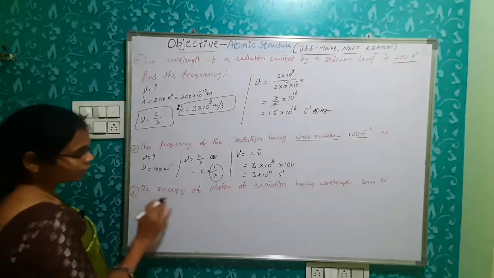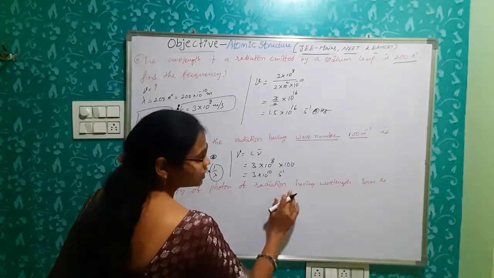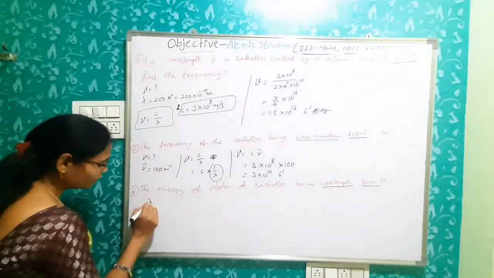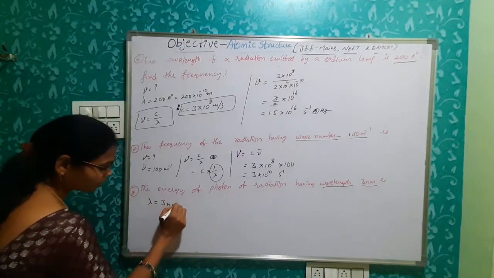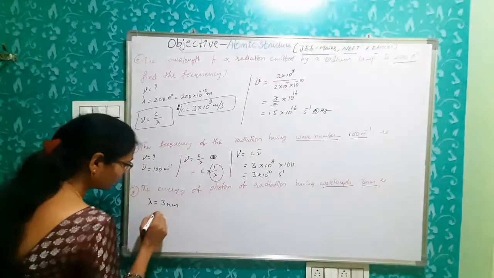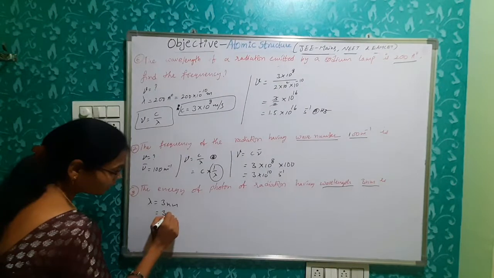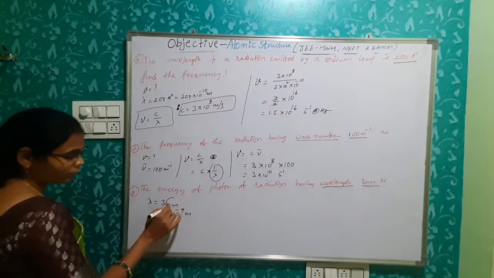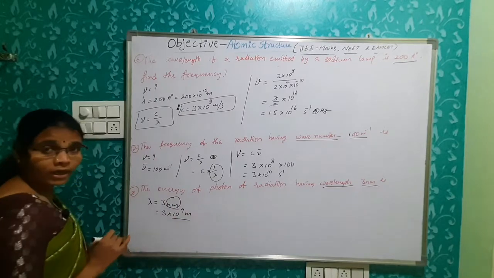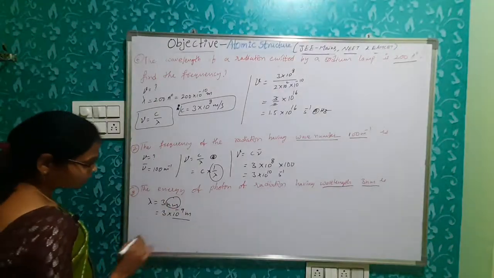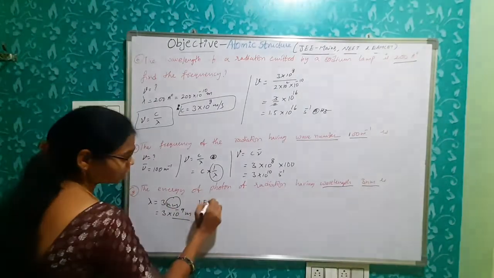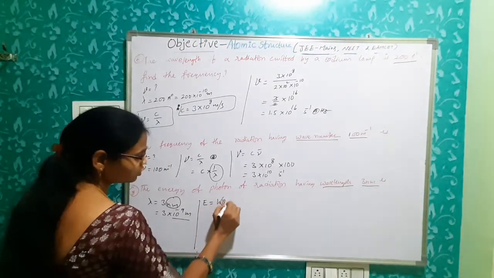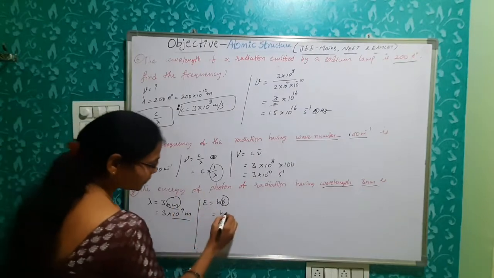Next. The energy of a photon of radiation having wavelength 3 nanometers. Wavelength is given as 3 nanometers. 1 nanometer is equal to how many meters? 10 power minus 9 meters. So simply 3 into 10 power minus 9 meters. Okay. Then the formula of energy is E is equal to h nu, and nu is c by lambda.